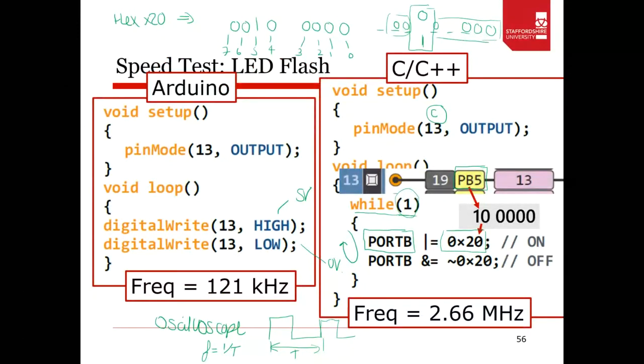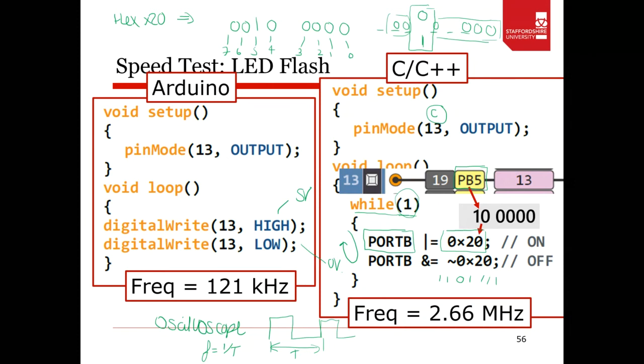So here we AND it with a NOT of 20. So the NOT of 20 would be 1 1 0 1 1 1 1.